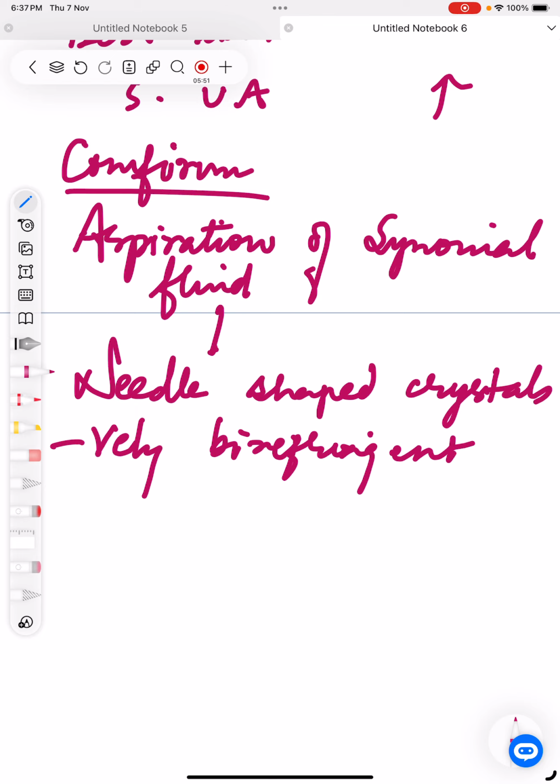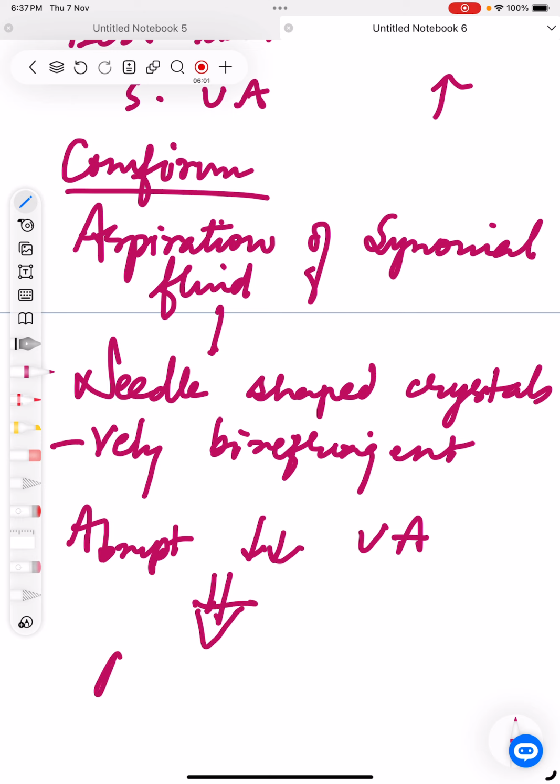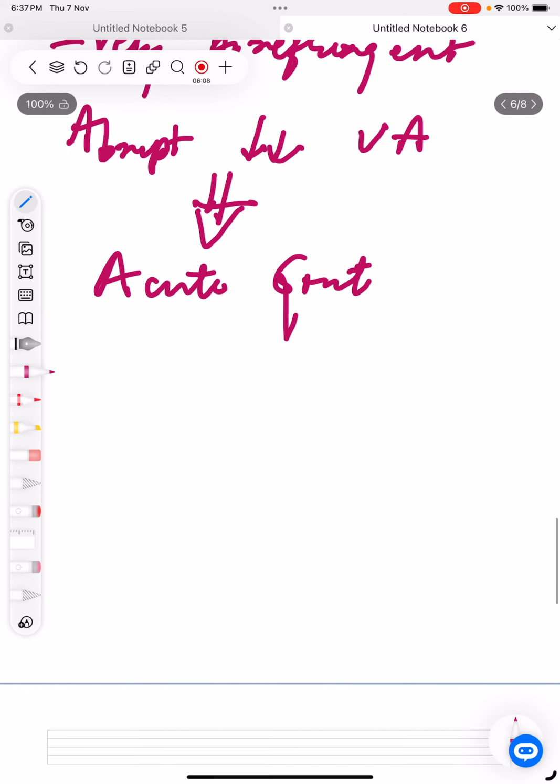Now, sometimes an abrupt decrease in uric acid can give rise to acute gout. A patient may suddenly land up with gout-like symptoms. Besides these, if you go for ESR, that will be raised.